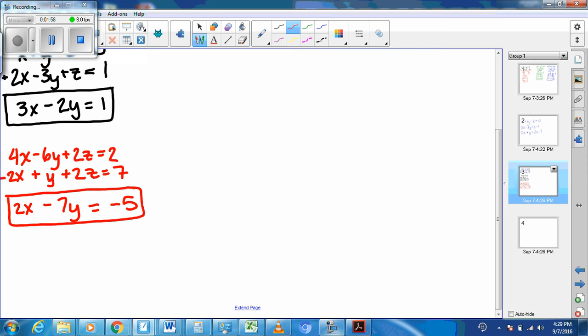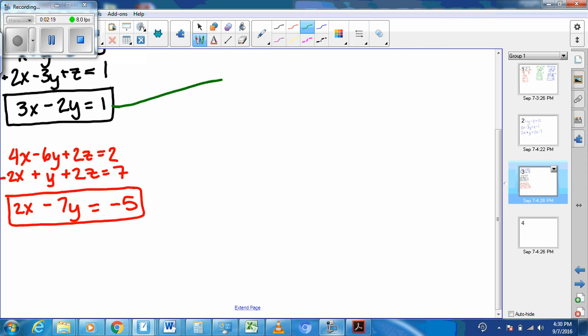So what I can do from here, I have 2 equations now that I can use to eliminate. It does not matter whether you get rid of x's or y's, but I know that the x's will require less multiplication. If I multiply this by 2 and this by 3, they're both going to become 6x.